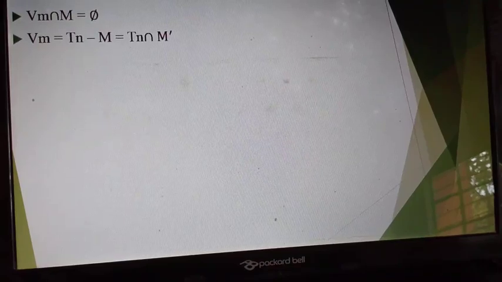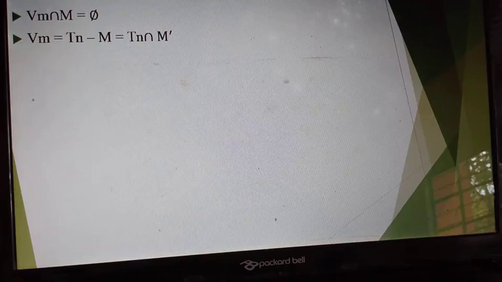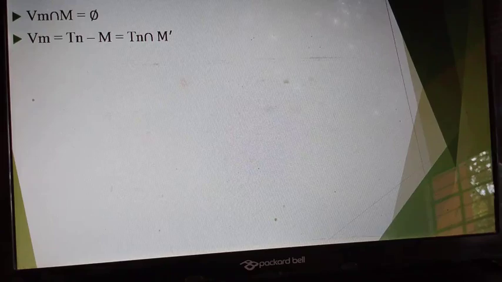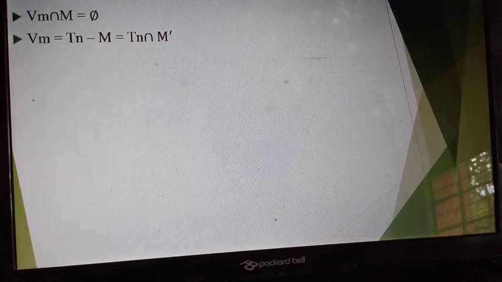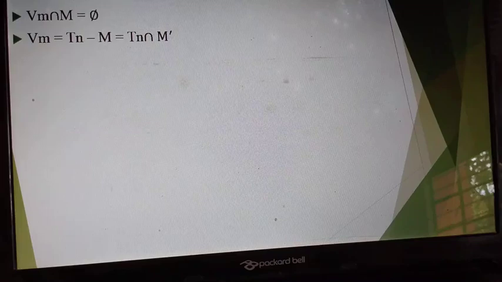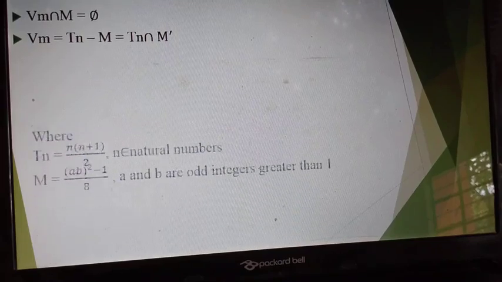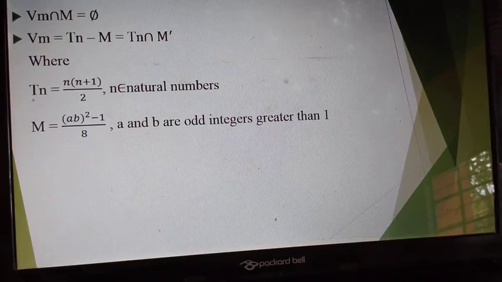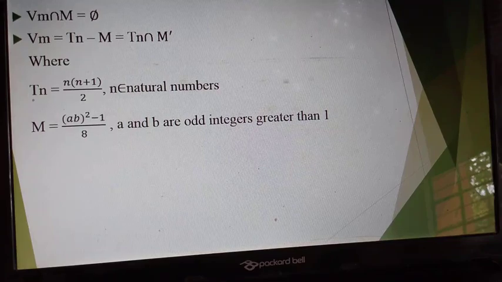Now, how do we find the special triangular numbers from this set of triangular numbers? So special triangular numbers, which is VM, is equal to all triangular numbers minus non-special triangular numbers, which is equal to triangular numbers intersection non-special triangular numbers complement, where Tn stands for the formula for calculating the triangular numbers, where n is a member of natural numbers.